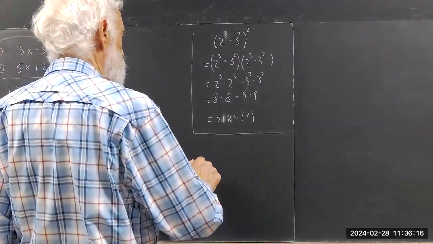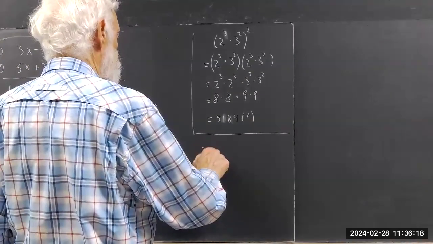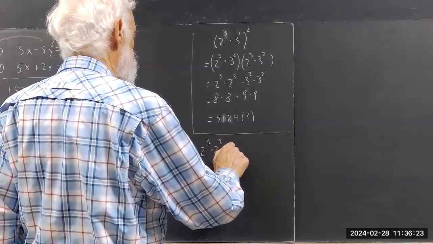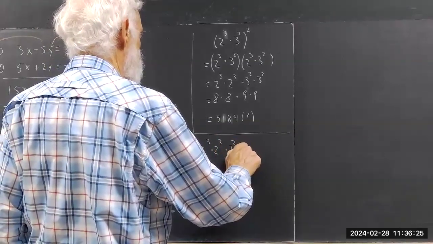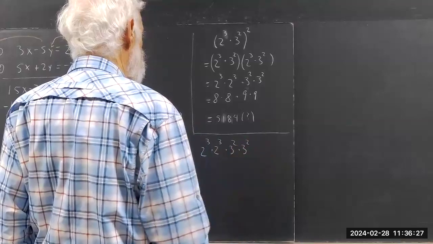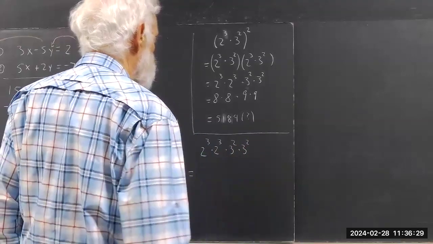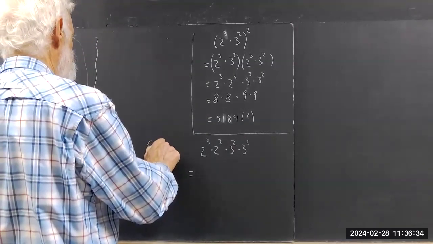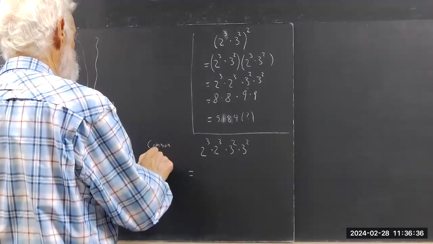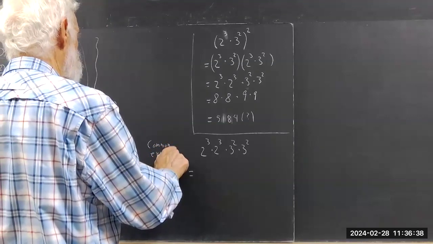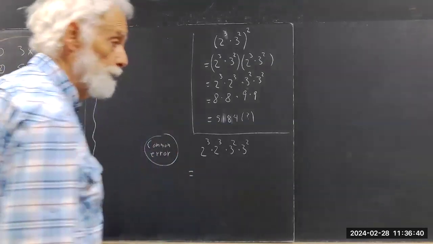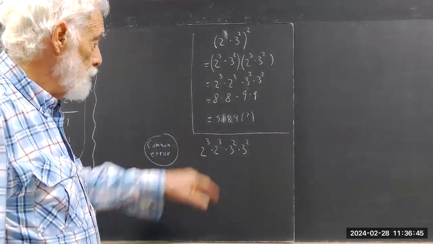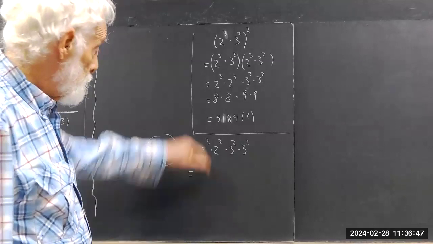I'm going to write this a little differently now: 2 cubed times 2 cubed. The common error that people make: I think, well, since you're multiplying 2 cubed by 2 cubed, you should multiply the threes.